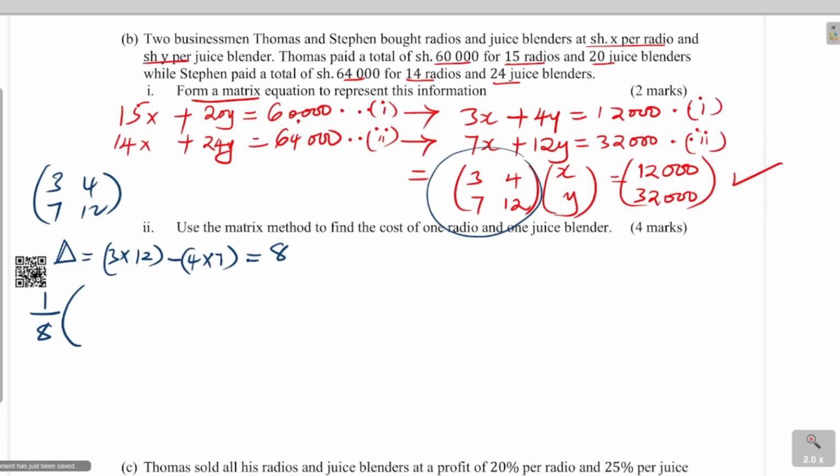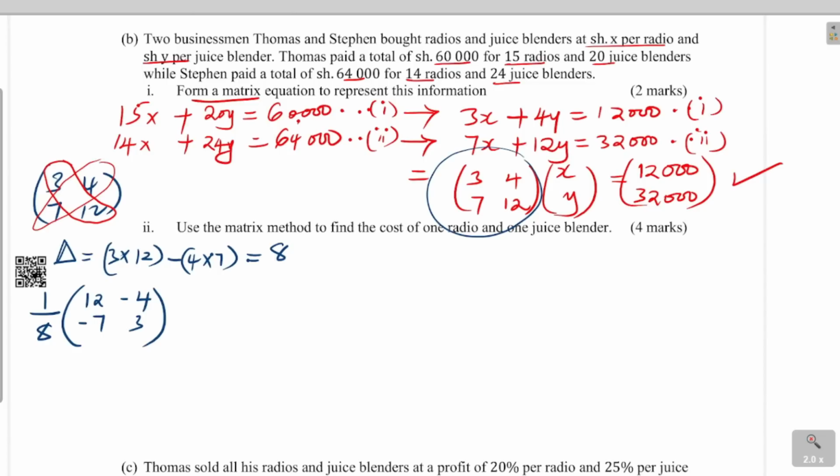So here you'll get 12, negative 4, negative 7, 3, like that. I want you to check what is happening here. You can see the elements in this diagonal, 3, 12, are interchanging to 12, 3, and then the elements in the other diagonal, 4, 7, are changing their signs. That is how you get the inverse.